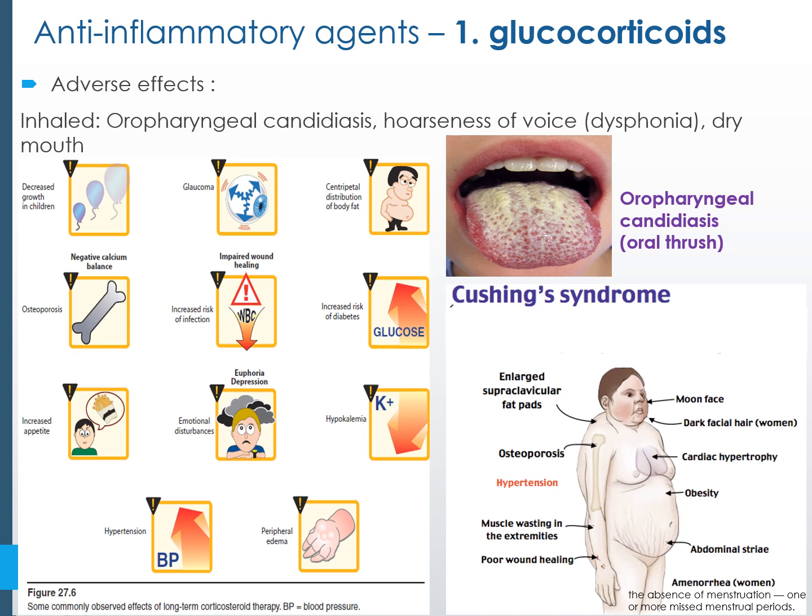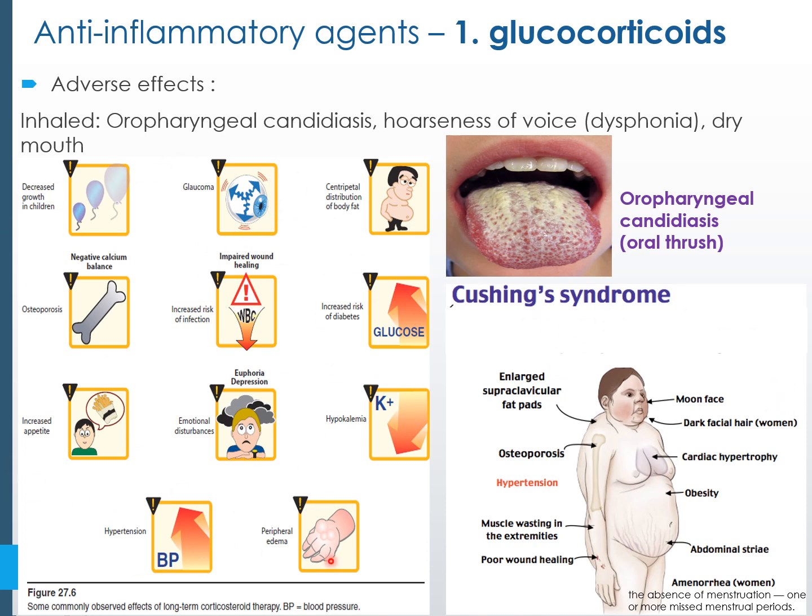Alright, so glucocorticoid, what are the adverse effects associated with the use of glucocorticoid? For inhaled glucocorticoid, the commonly associated adverse effects are oropharyngeal candidiasis, also called oral thrush, hoarseness of voice or dysphonia, and dry mouth. If it gets into the systemic circulation after long treatment with glucocorticoids, it can lead to all these side effects.